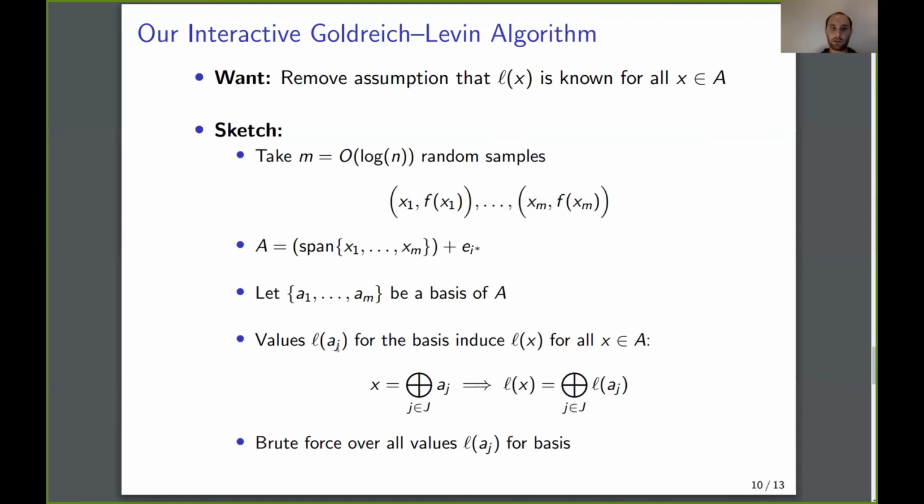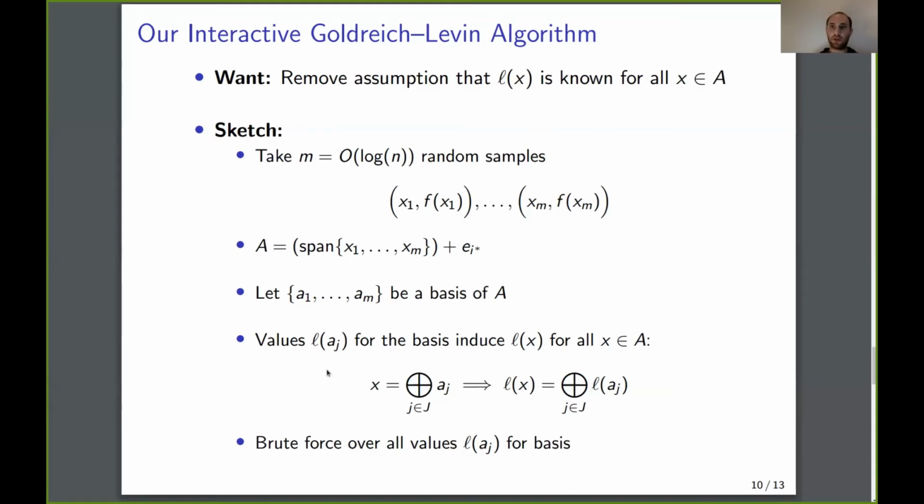So in polynomial time, we can iterate over all of the possible assignments L(Aj) for all the members of the basis. And each such assignment defines one possible value of L. And so there's only a polynomial number of possible L's that need to be considered.